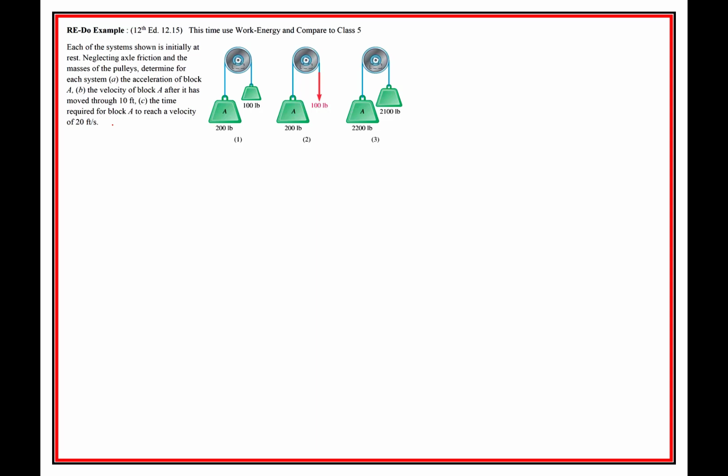I like this example because there's a connection between Newton's second law, a problem that could be done in Newton's second law, and done in work energy. And also just as an overall problem, whether it's in Newton's second law or work energy, it's good to see the effects of changing the things.